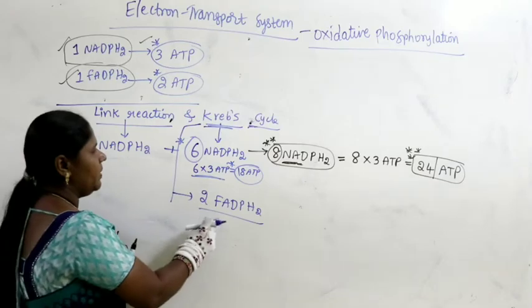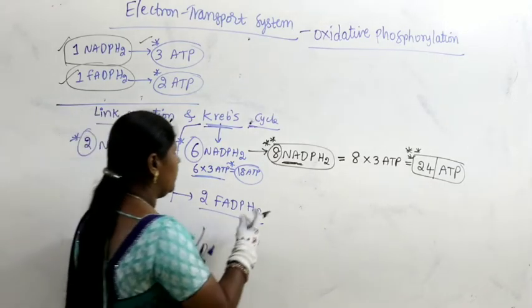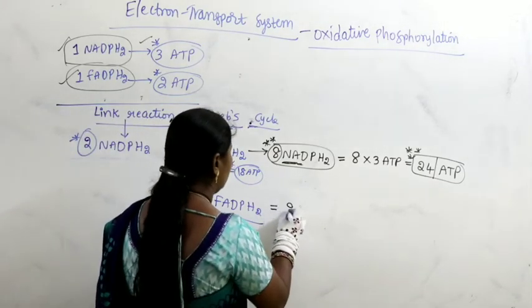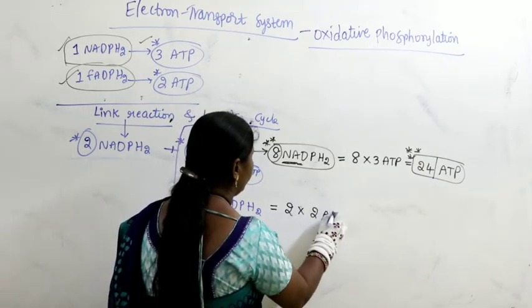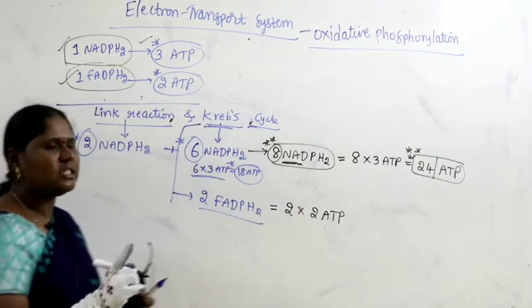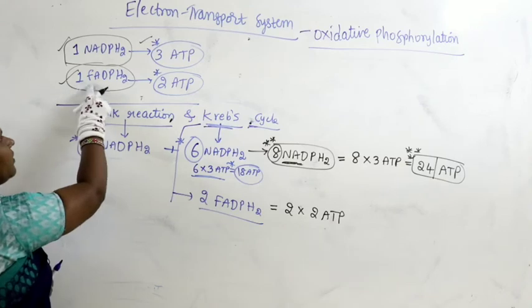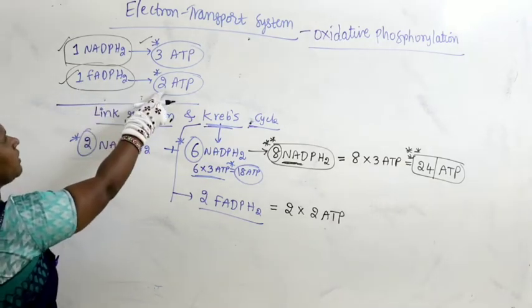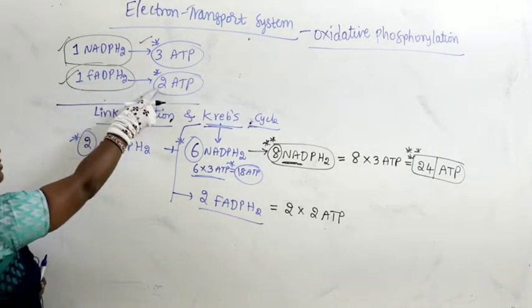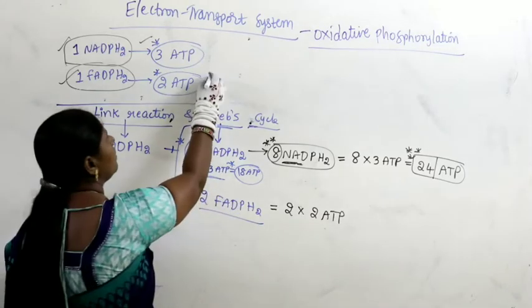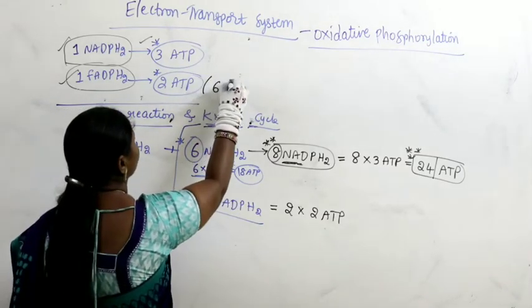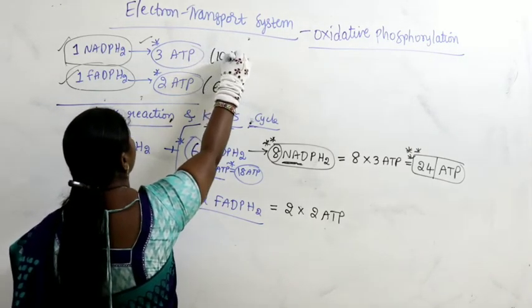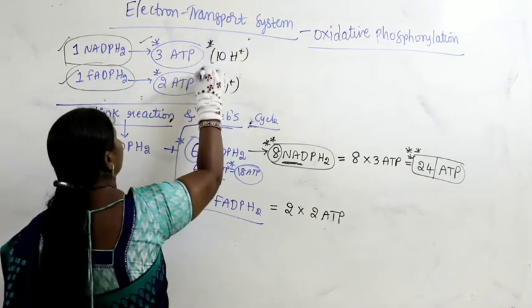So 2 FADPH2 is equal to 2 into 2 ATP. Why? Because one FADPH2 contributes 2 ATP, because altogether it includes 6 protons, and here it includes 10 protons. Don't forget this count also.